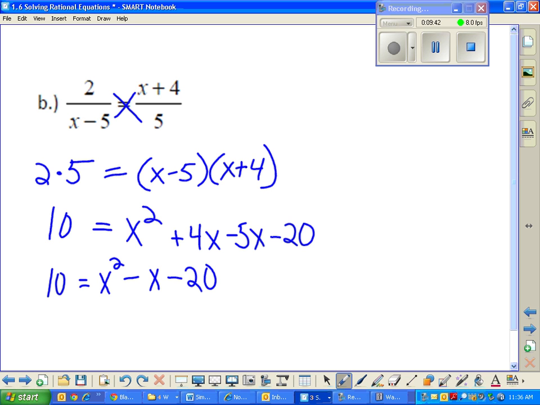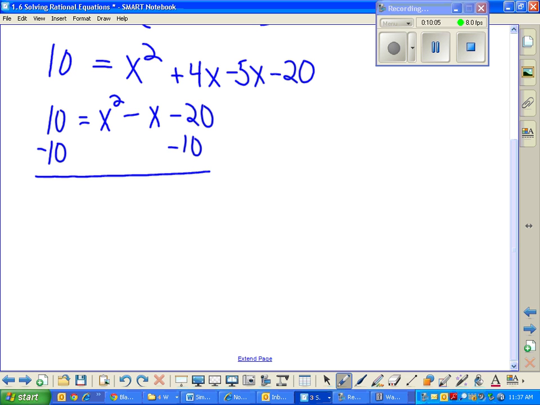And then I really can't solve something of degree 2, aka a quadratic. Oh my. I can't solve that unless one side is equal to 0. So I am going to get one side equal to 0 by subtracting 10 from both sides.